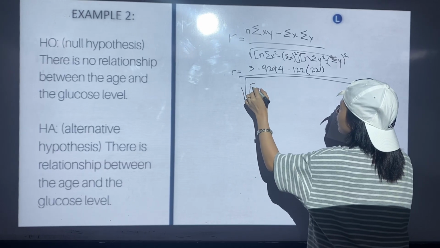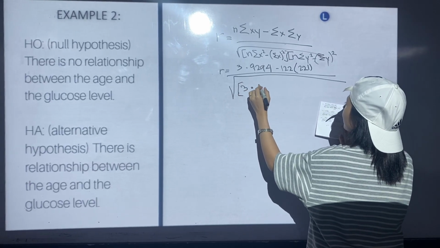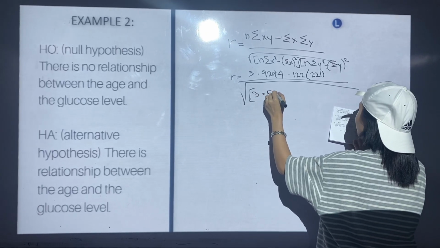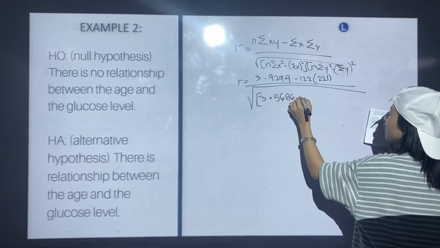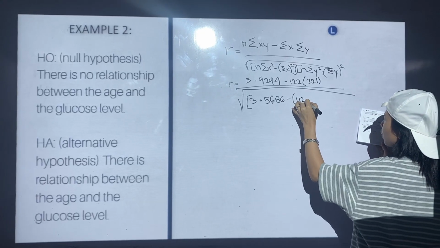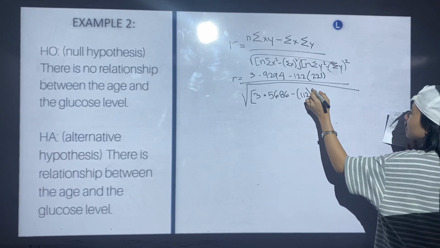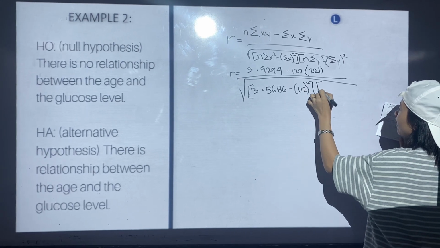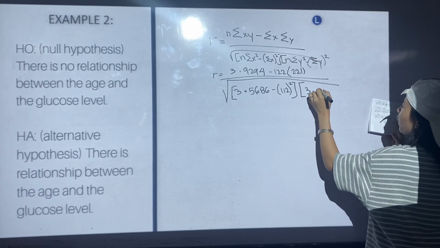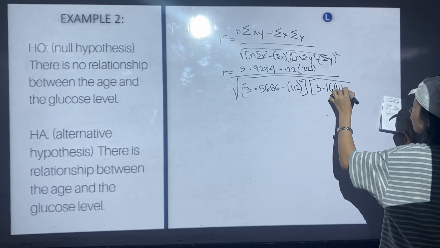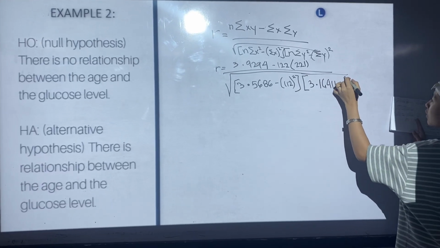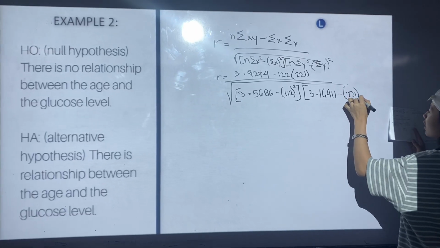Then n is 3, multiply the X squared, that is 5686, minus the sum of X value, that is 122, then square. And for our Y squared, we have 16411 minus the sum of Y value, that is 221, then square.